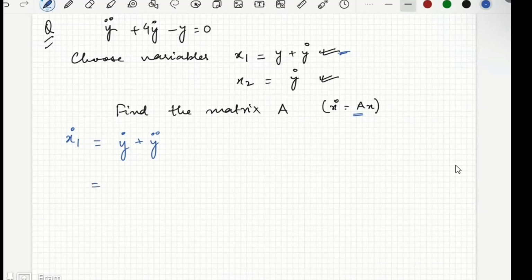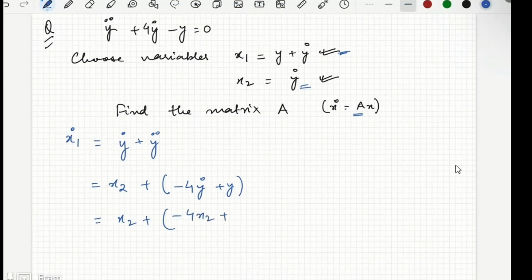Now this y dot is nothing but x2, so we can directly write y dot is x2. Now what is y double dot? This y double dot is minus 4y dot plus y. Okay, but we have to write in terms of x1 and x2 only. So this y dot again we can write as x2, so this is minus 4x2.